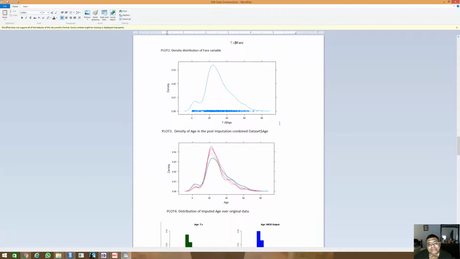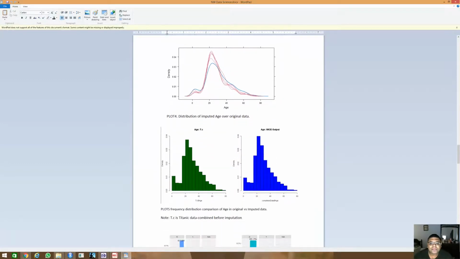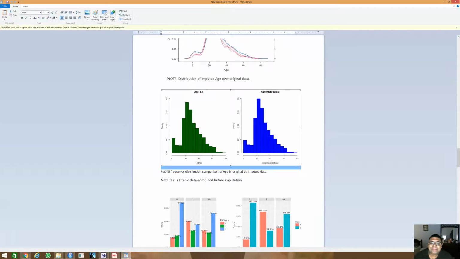I realized that the imputed data fits very well with the original age distribution. And furthermore, I did one more comparison. I wanted to see how the bar chart showed it, one with the mice output and one with the original data set.